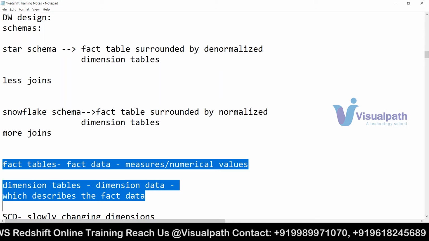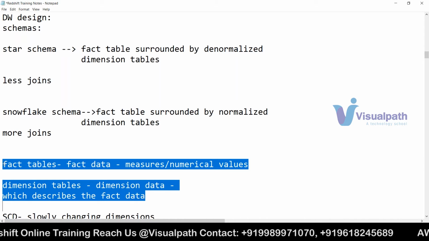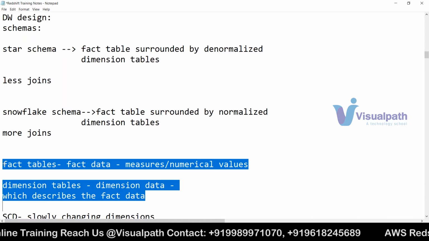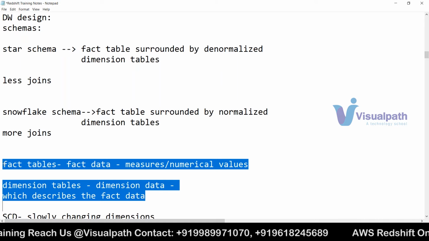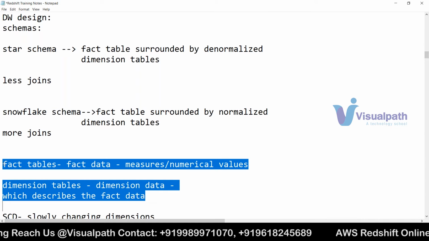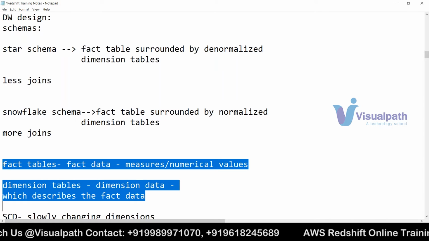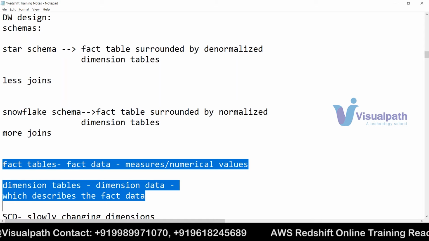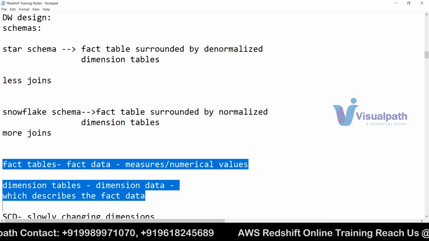Then the dimension table. A dimension table means the table which holds the description about the fact data, or which describes the fact data. For example, fact data will have quantity and total sales, that is, the number of items sold. Then what are those items, or which items are sold?